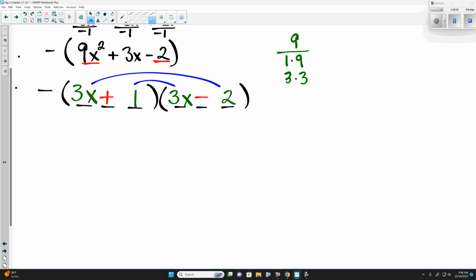3x times negative 2 is negative 6x. 1 times 3x is plus. We need positive 3x. If we get the correct number, because 3x is the correct number, but wrong signs, we change the sign.